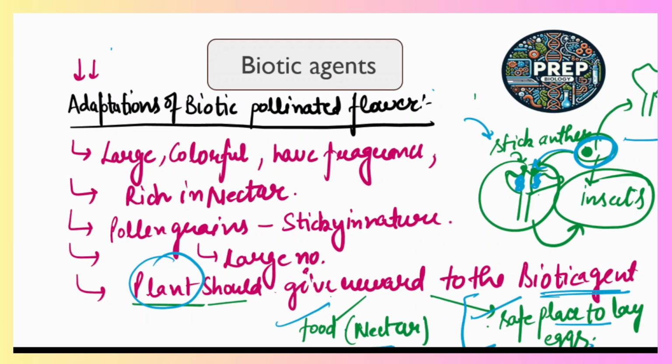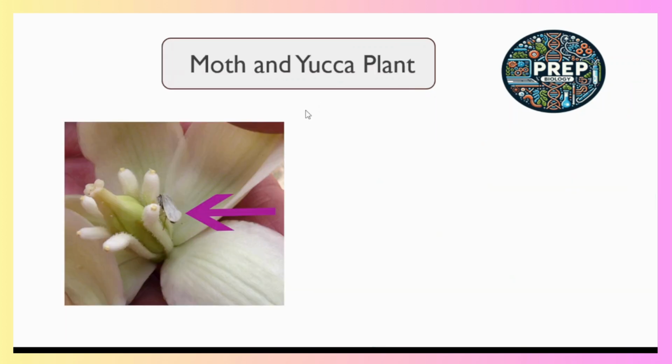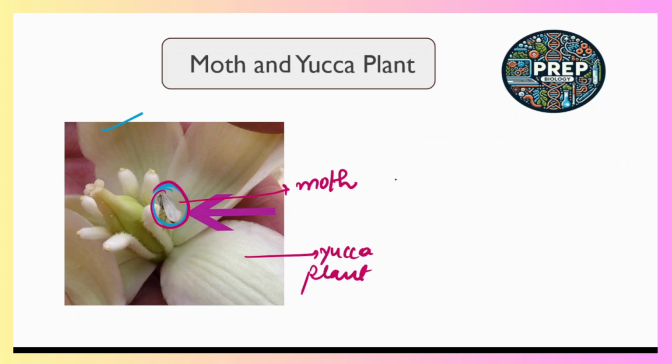Now, if we see the example of moth and a yucca plant, look at this picture. This is a moth and this is a yucca plant. This plant will never complete its cycle; it is incomplete if the moth is not coming to the surface of that plant.